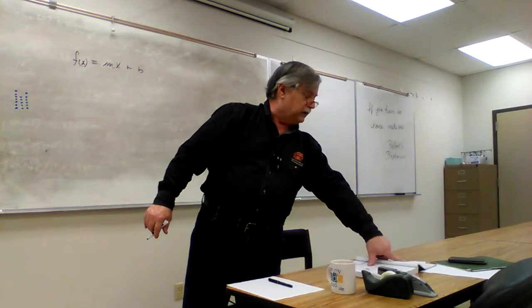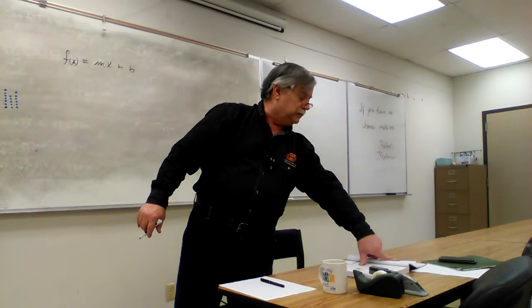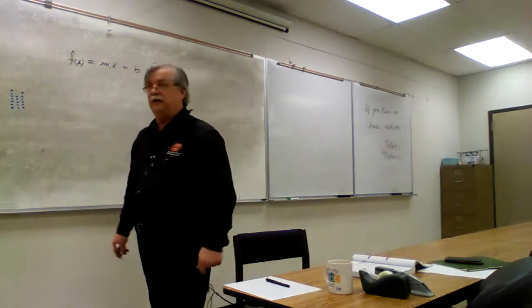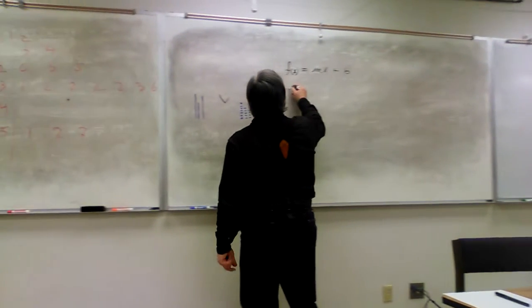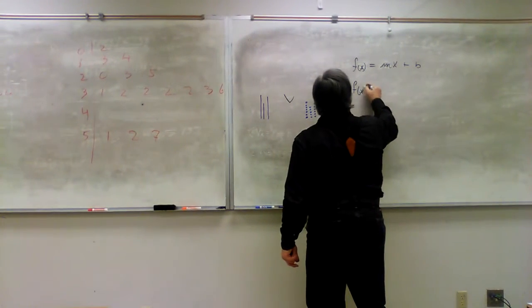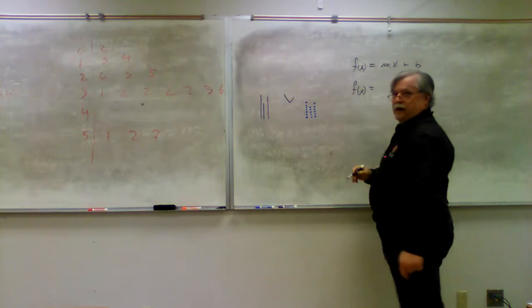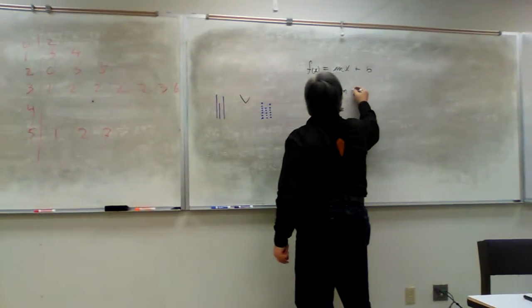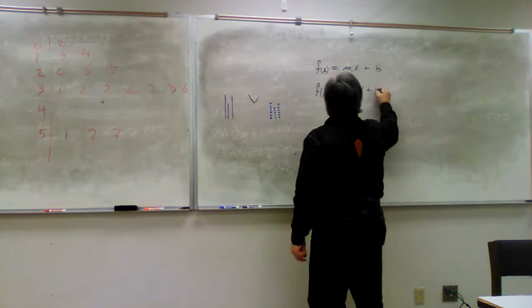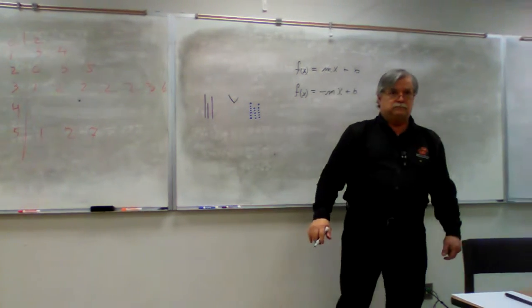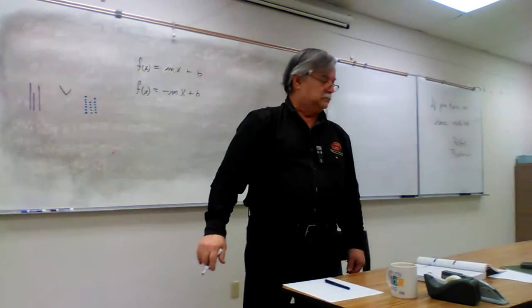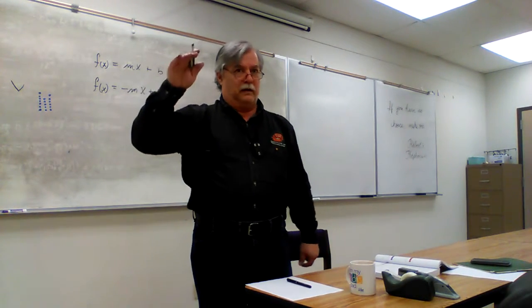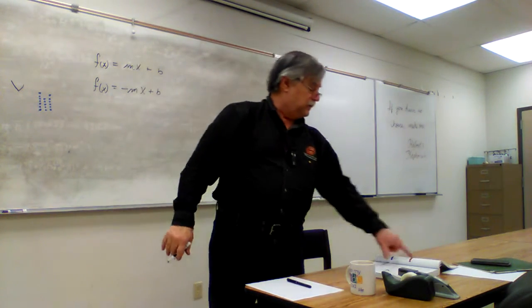Now, if you look at the second scatter plot, you see that one has a negative linear relationship. And if you were writing it out as a function, it would be minus mx plus b, because it has a negative linear relationship.